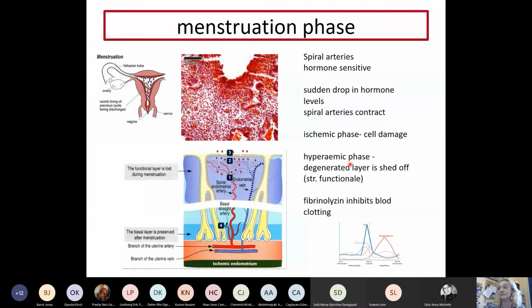So this hyperemic phase actually helps that the degenerated layer is entirely shed off, which is the functional layer. The basal layer has a different blood supply. These things are not happening there, so it remains, and then we start over again. Estrogen helps to build up the endometrium during the proliferative phase. So this is the menstruation phase.